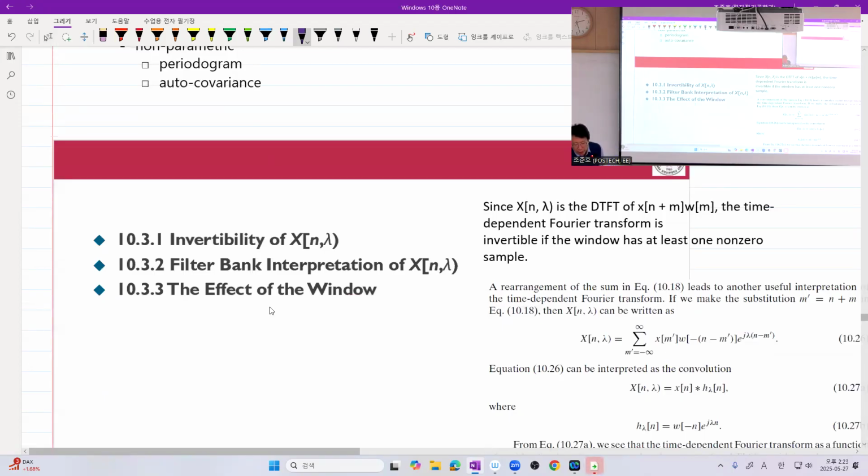So here, the time-dependent Fourier transform is, as I told you, the DTFT of the time-advanced and windowed signal.